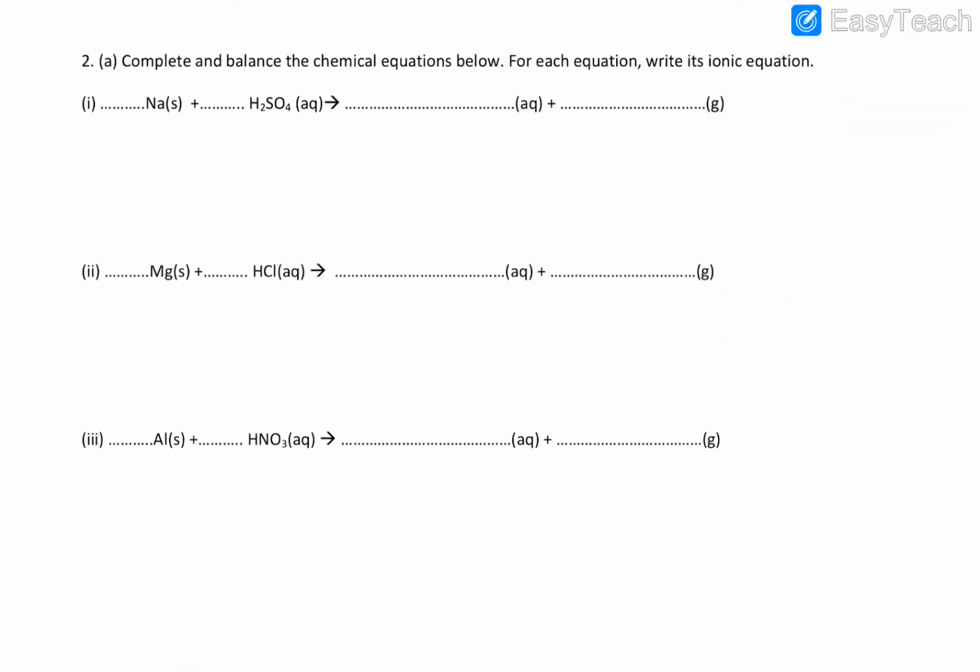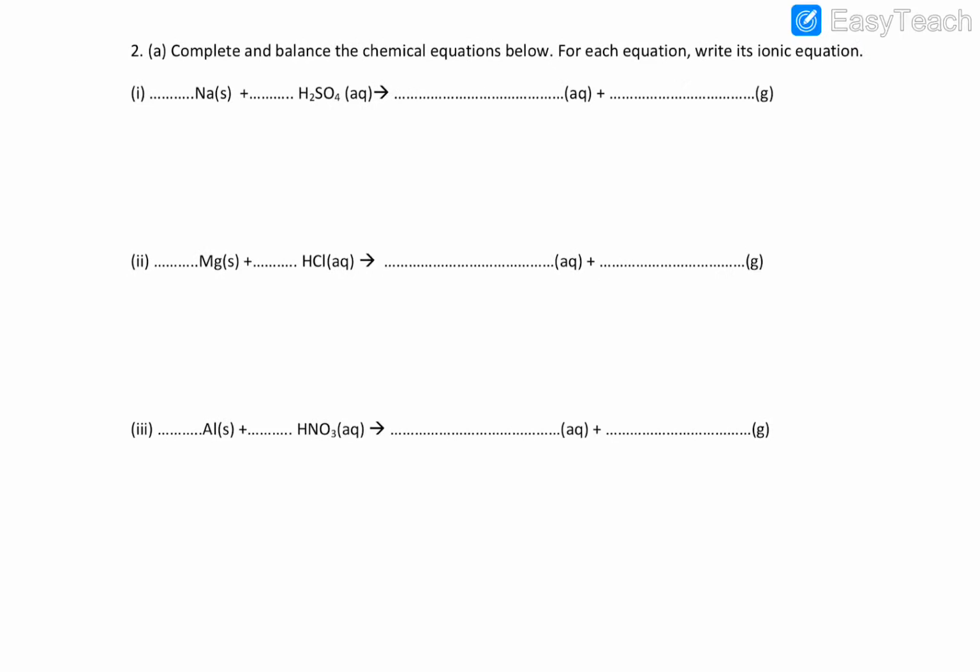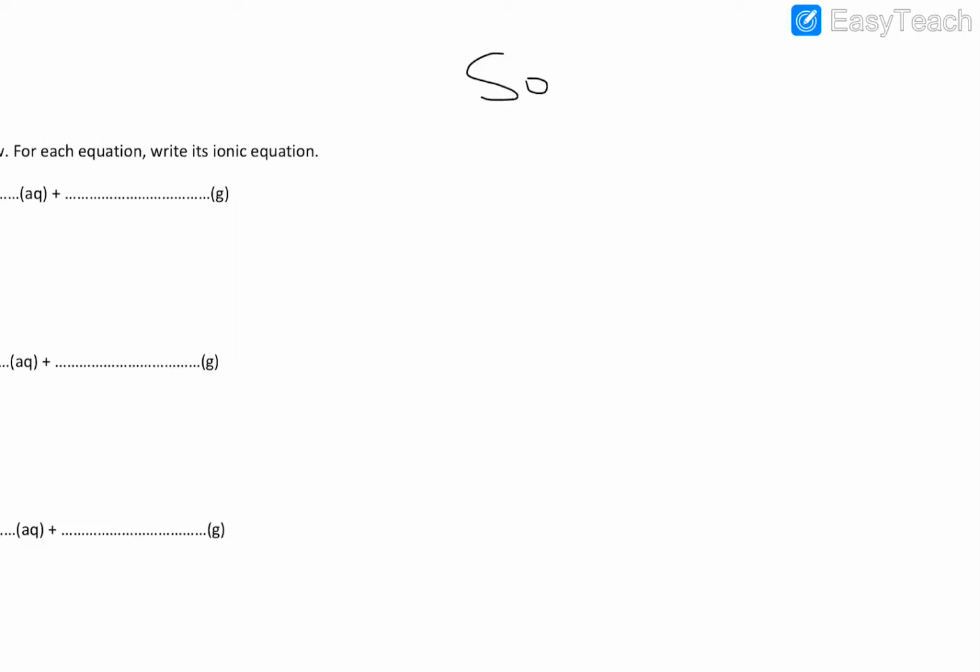Now here you have the chemical equations that you'll need to complete. For each of these chemical equations you will have to first complete it, balance it, and write its ionic equation. So let's do one. Sodium plus sulfuric acid, you will have sodium sulfate.